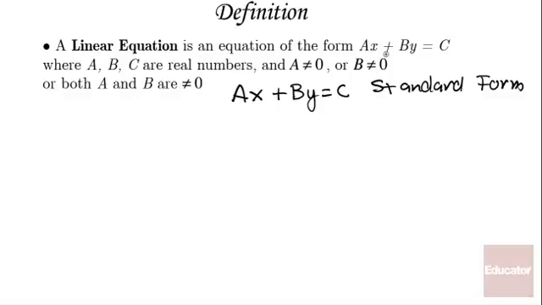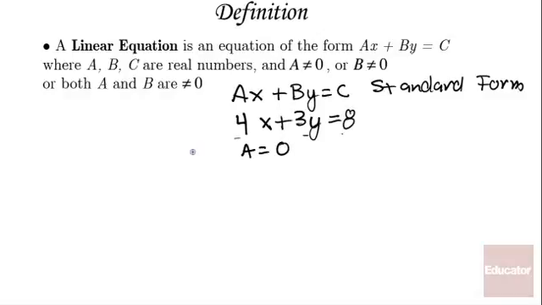So let's substitute in some numbers for a, b, and c. Let's write a linear equation as an example. 4x plus 3y equals 8. So here I have a, b, and c. A equals 4, b equals 3, and c equals 8. It is possible that a can equal 0.